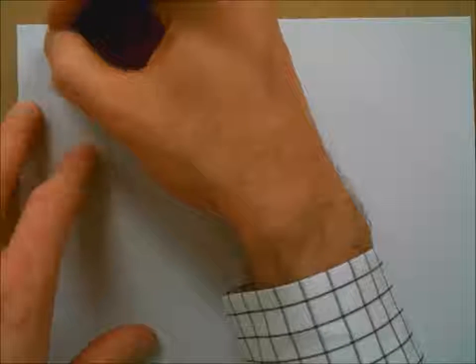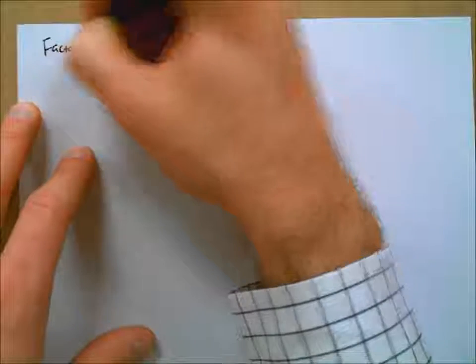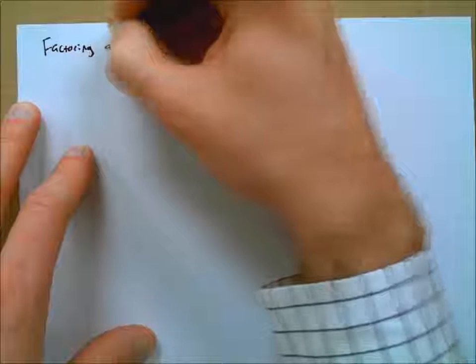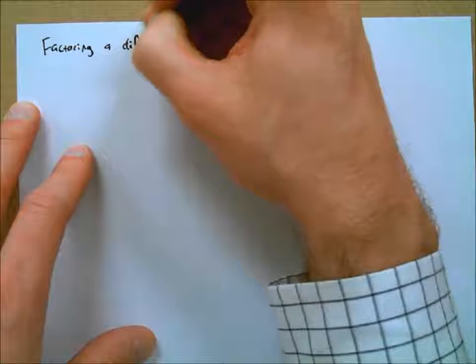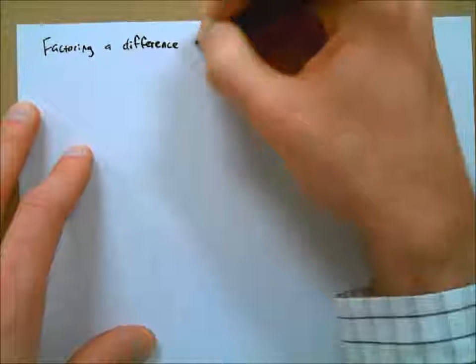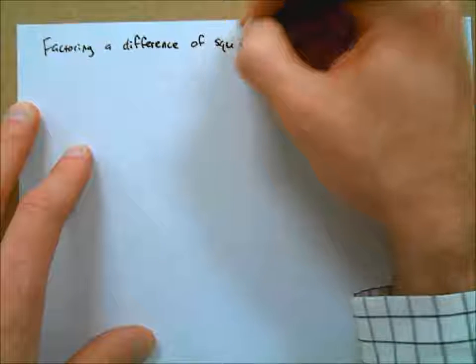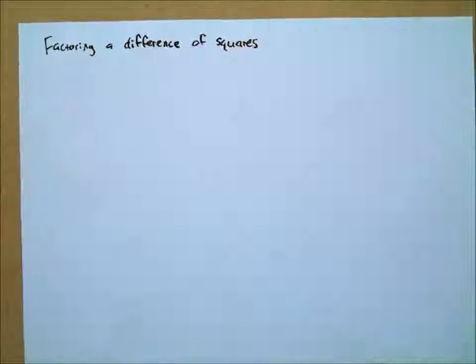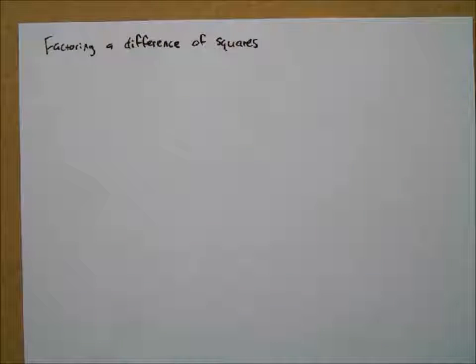Okay, other things I want to talk about real quick before I finish up and get you started on your assignment. I also want to talk about a special situation when it comes to factoring. Something called a difference of squares.